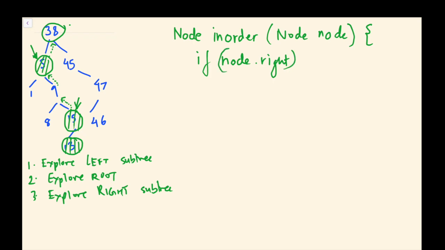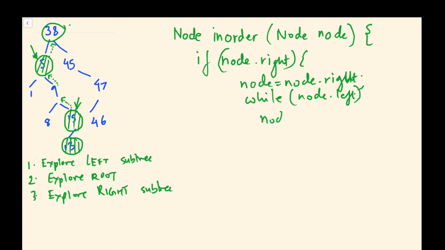If the node has a right subtree, then we navigate to the right: node equals node.right, and then while node.left exists, we go left, node equals node.left, and once this loop is done, we simply return node.